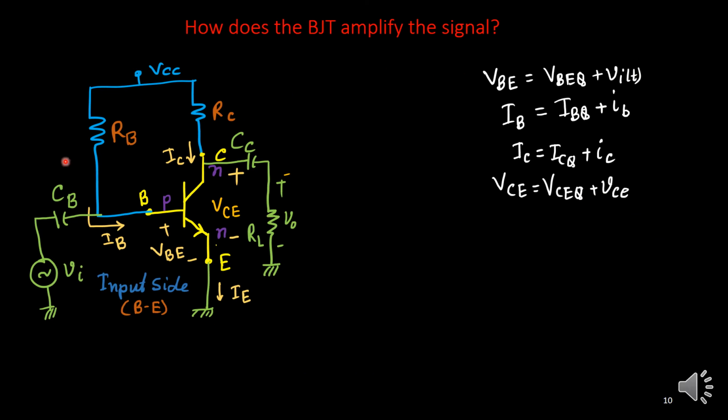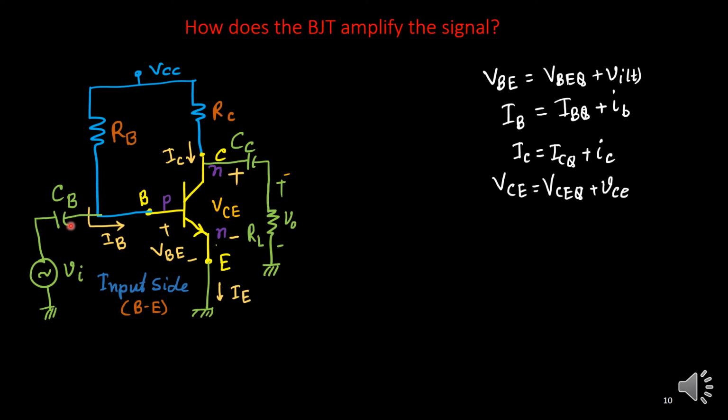So this is our circuit. I have included the AC part, the input signal, and this is the output signal taken through RL and capacitor CC. Here you know that total VBE will be a combination of VBEQ plus vi(t).